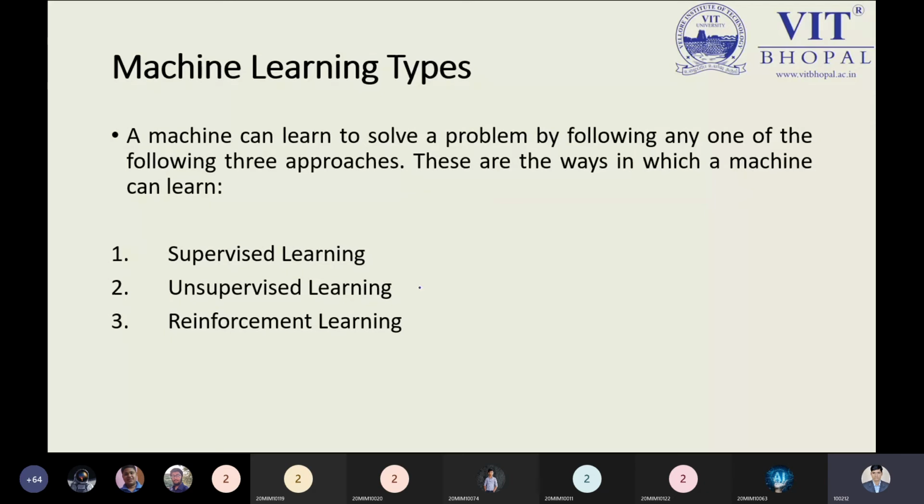Sometimes, over the internet or from various sources, reinforcement learning is described as semi-supervised learning, so you are required to understand this term while learning. These are the 3 different flavors: supervised, unsupervised, and semi-supervised.